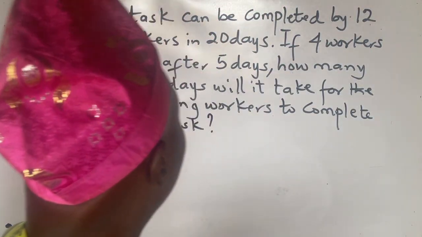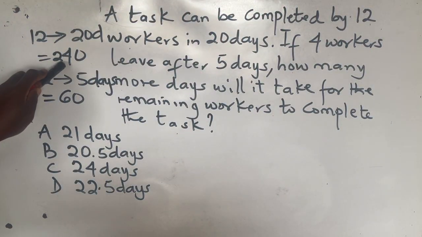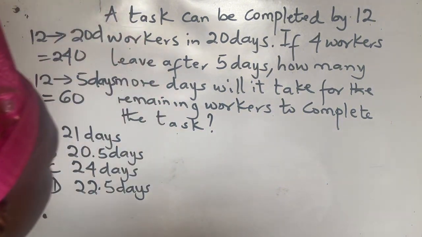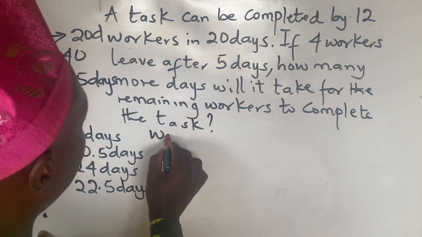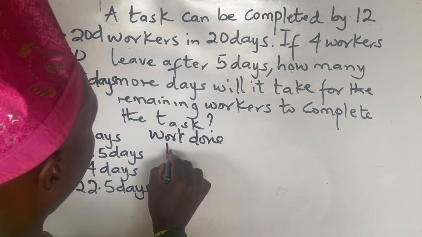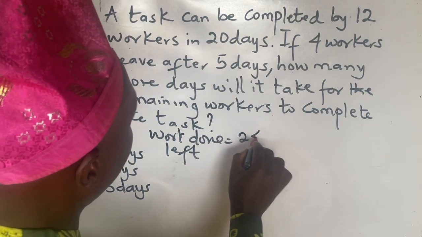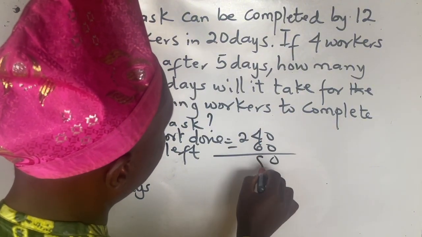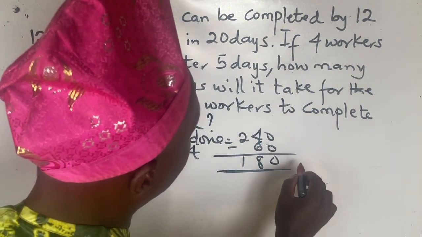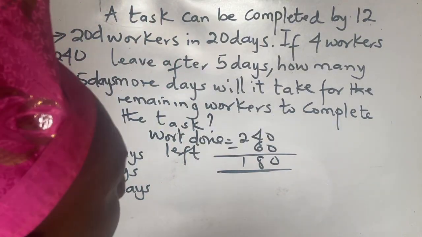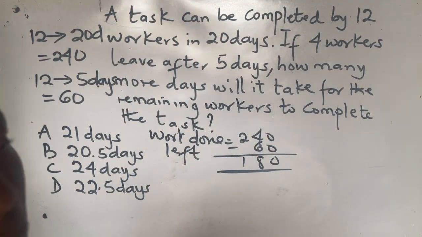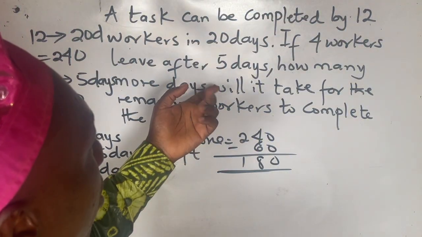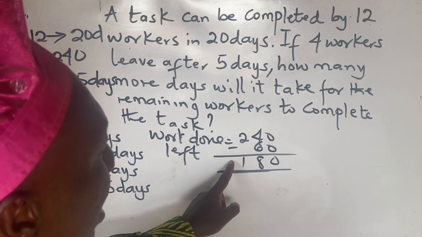What I will do now is 240 minus 60, the total work left. 240 minus 60 gives 180. This is the 180 work done left after 4 workers left. The total work left is 180.